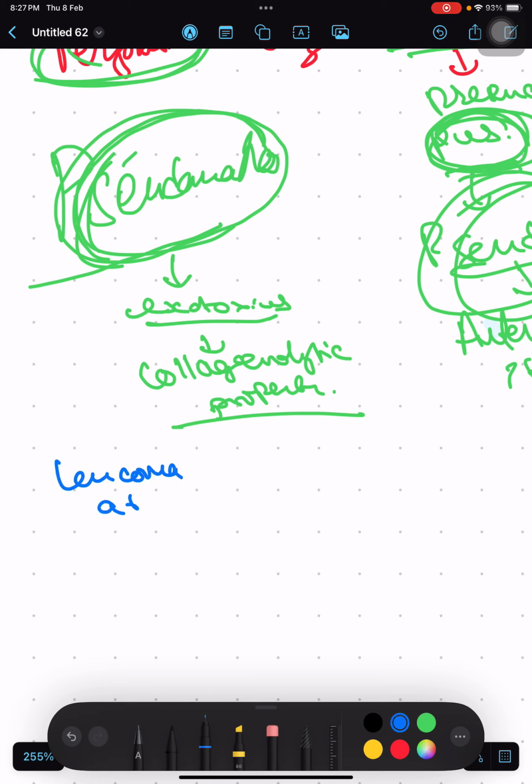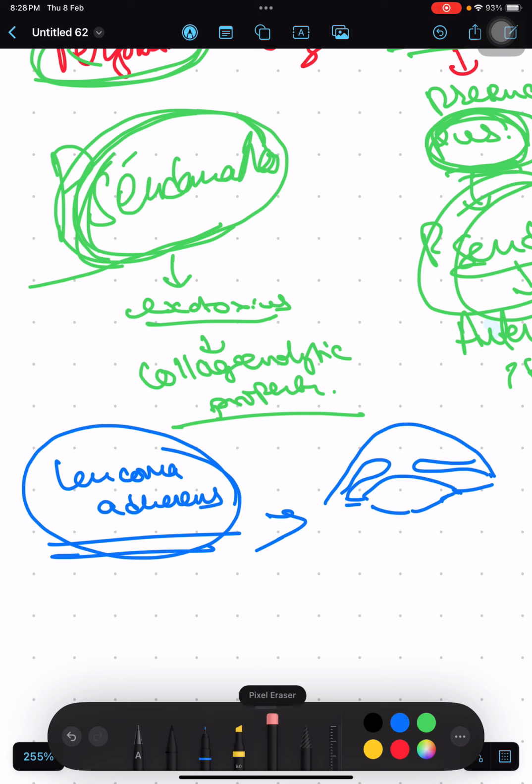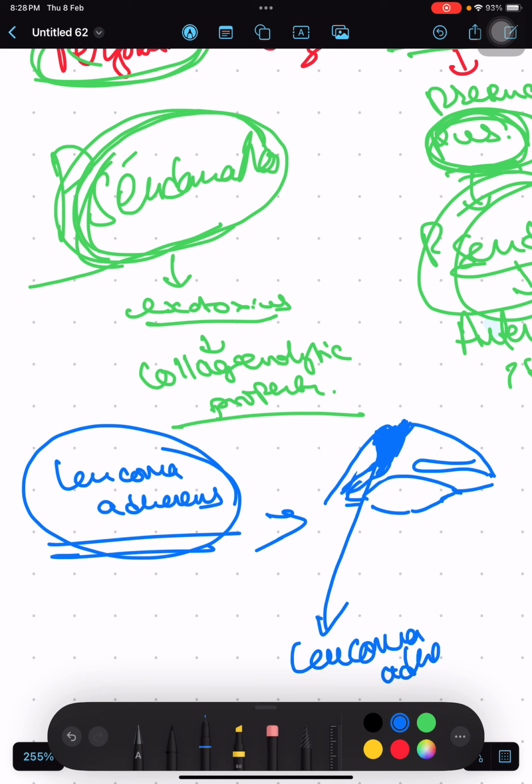Leukoma adherens. There is this term which is known as leukoma adherens. What do you mean by leukoma adherens? Suppose there is a perforation in your cornea. Then the iris over here will actually seal this perforation, like this, and this is termed as leukoma adherens.